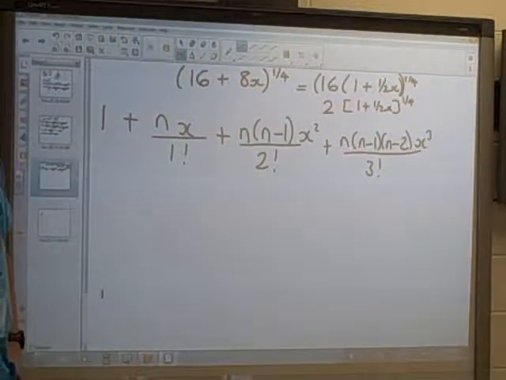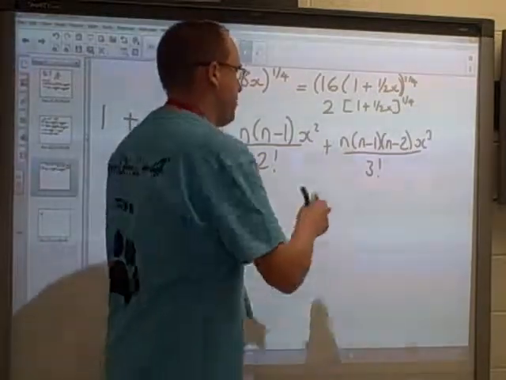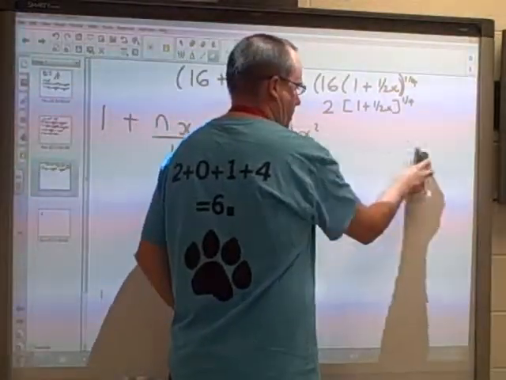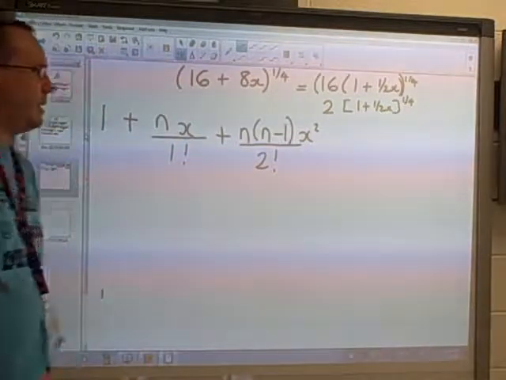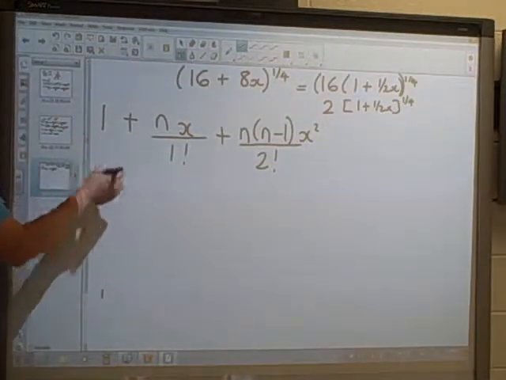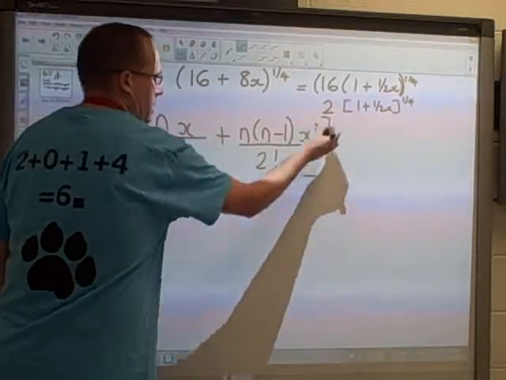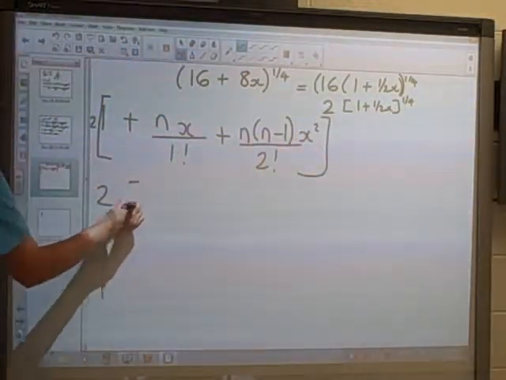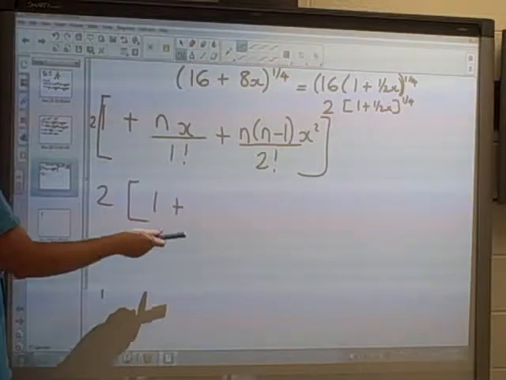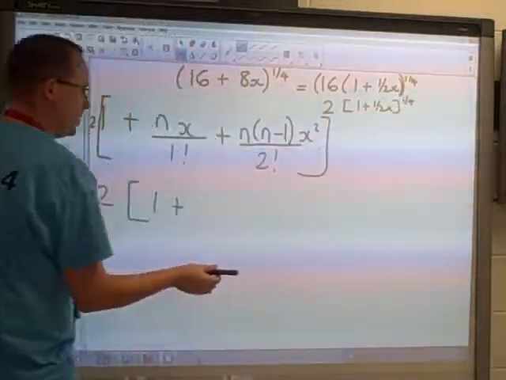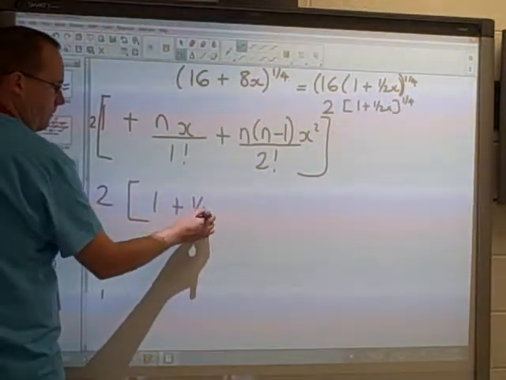Now for this one we're just going to find the first 3 terms, so I'm going to get rid of this part of the formula. And often they'll say in the question exactly how many terms they want you to find, but we're going to need to times all of this by 2. So let's start plugging numbers in. So I've got 1. For this question, n is going to be our exponent, which is 1/4. So 1/4.